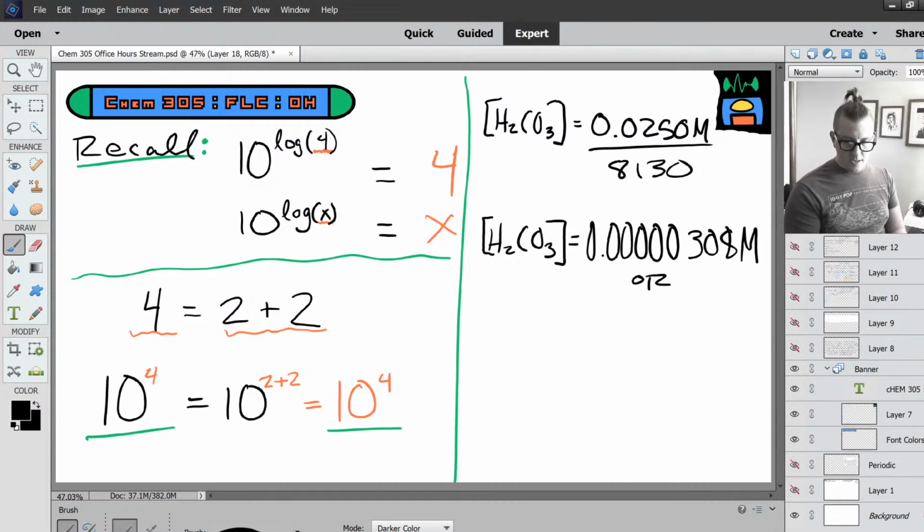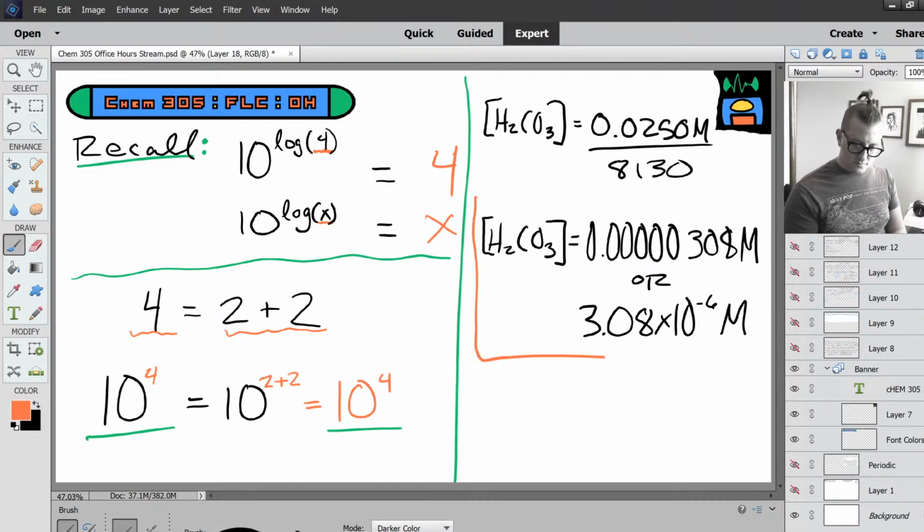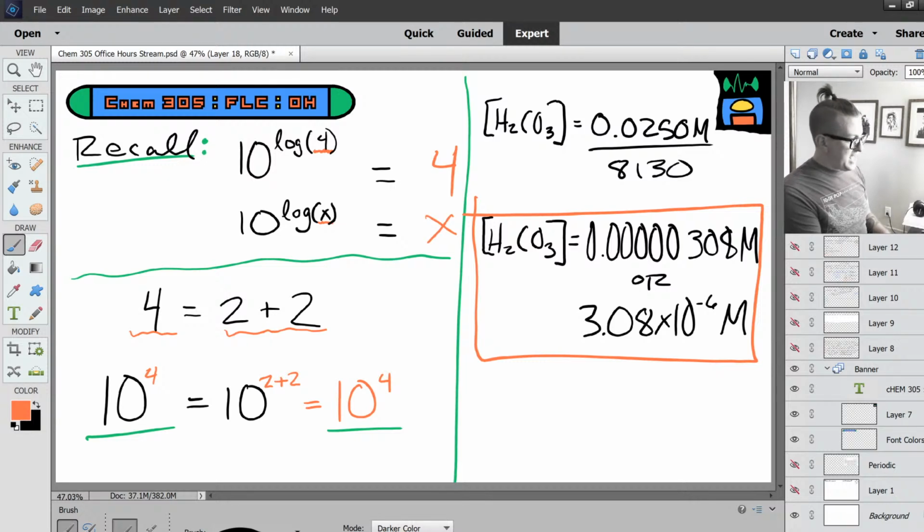Or you could write this in scientific notation if you wanted to. This would be times 10 to the negative 6. All right, so that is how you solve that problem.